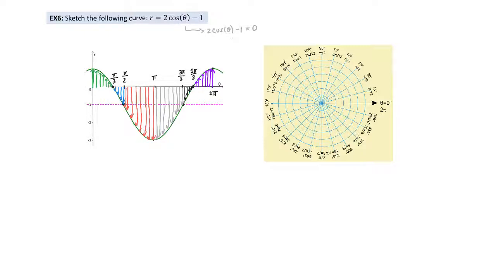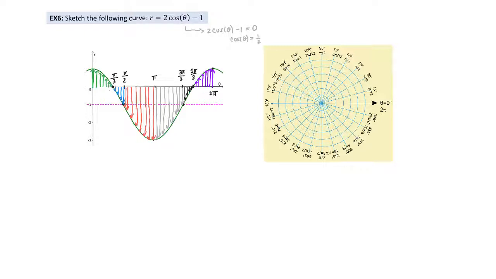And I isolated cosine theta equals 1/2, and then I solved this mini equation. I found all the values of theta that satisfied cosine theta equals 1/2. And that's how I found pi over 3, and then everything follows nicely after pi over 3: pi over 2, pi, 3 pi over 2, 5 pi over 3, and 2 pi.